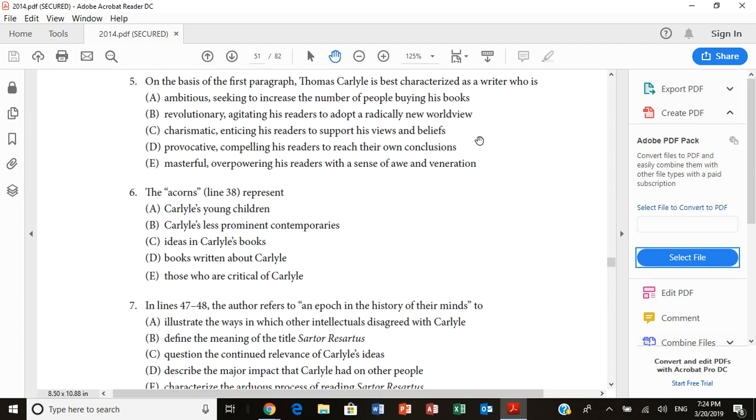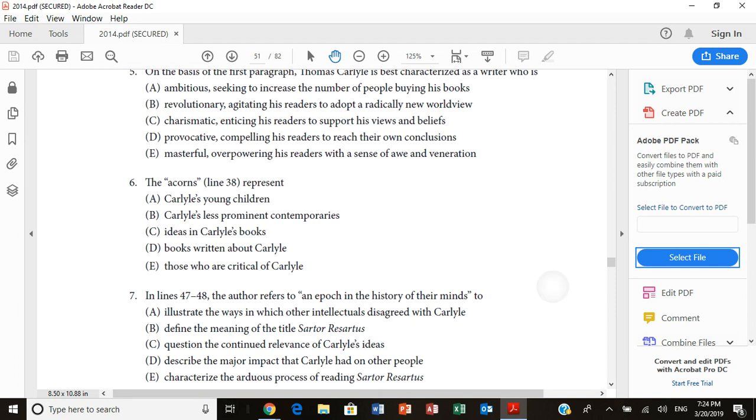Remember, we got the impression that Carlyle engages the reader into thinking about the whole natural world in a more sublime and profound way. Provocative, for sure, compelling his readers to reach their own conclusions. Well, you could even disagree with his specifics, but you would come to have a deeper understanding of the world. That seems the best answer so far. Masterful. Overpowering his readers with a sense of awe and veneration.